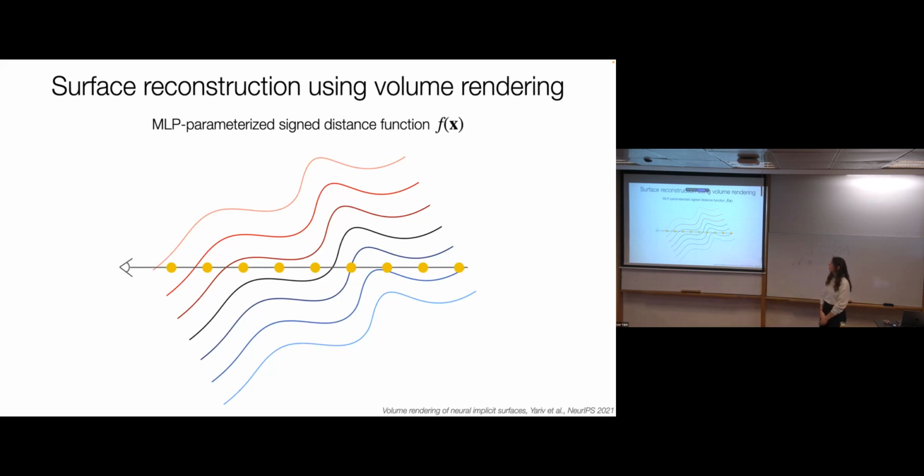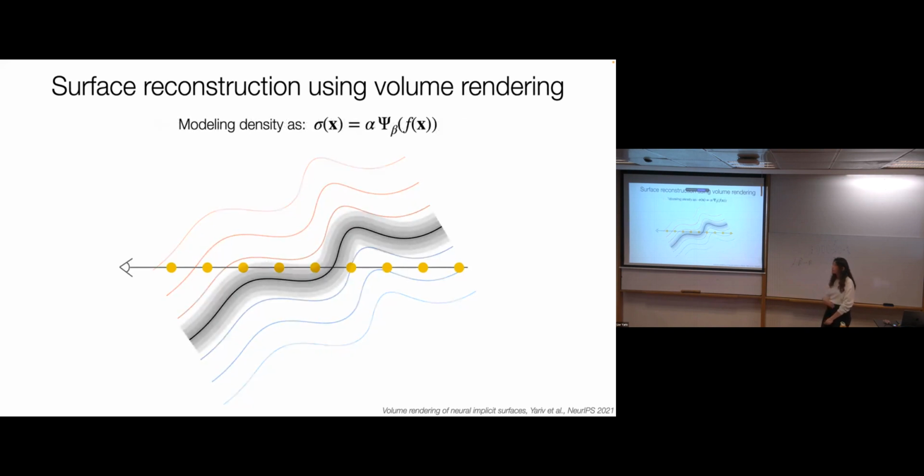And we're going to use some function to model the density as a transformation from the signed distance function to a density. Eventually we want to have a density. Another way to think of it is that instead of modeling the density of NeRF as a general MLP, a general function, we're going to have some prior knowledge of it, and we want to have some underlying surface underneath the density.